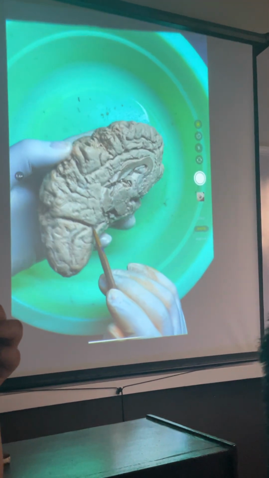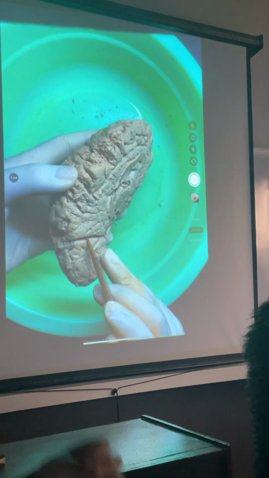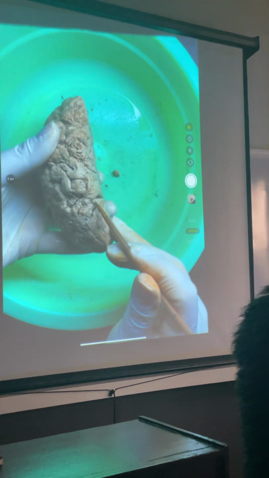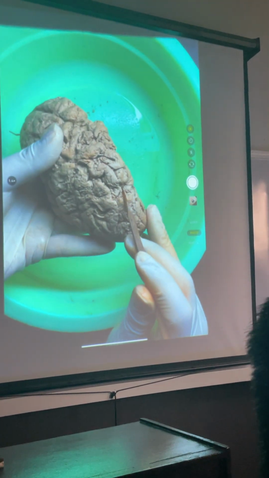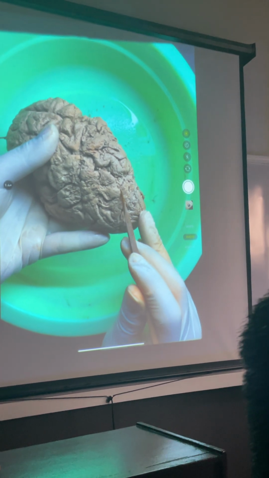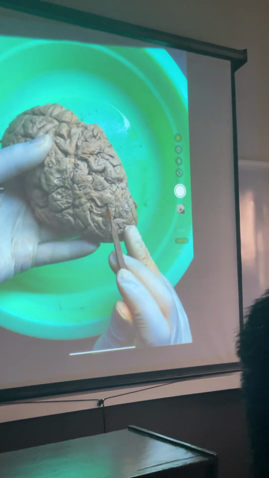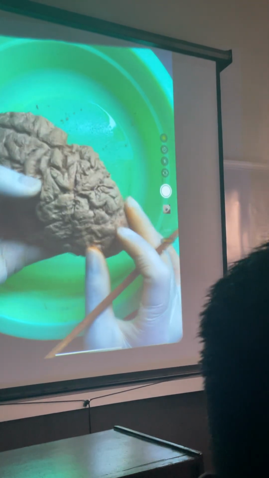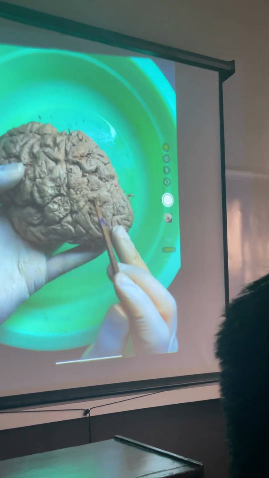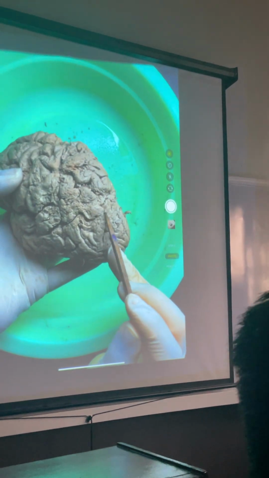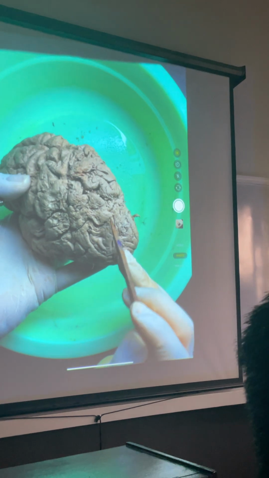And this is the parieto-occipital sulcus, which is actually a continuation here. If you can see here, there's an overlap of things, like this one and this one.